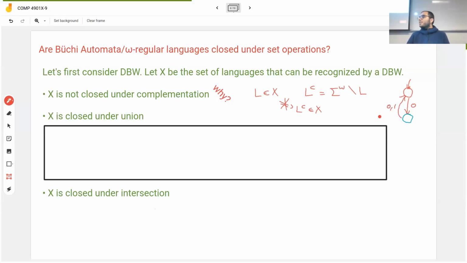This is a deterministic automaton, and it accepts all the strings that have infinitely many zeros. But we know that the complement language cannot be recognized by a deterministic Büchi automaton. So this means that X, the set of languages that are recognizable by DBWs, is not closed under complementation.